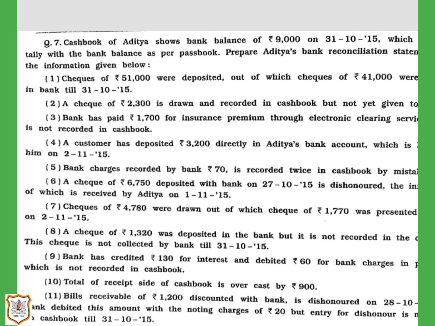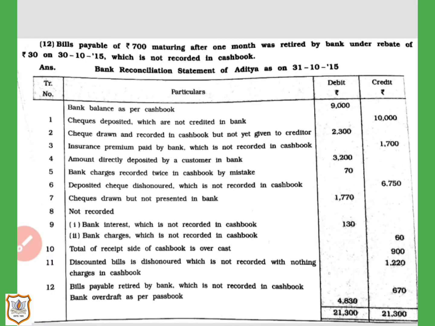Similarly, rupees 60, that is bank charges, is an expense which is not credited in the cash book, so it will be written in the credit column of BRS. Here we will write bank interest which is not recorded in cash book, amount is rupees 130, which will be shown in the debit column of BRS, and bank charges which is not recorded in cash book, amount is rupees 60, which will be written in the credit column of BRS.